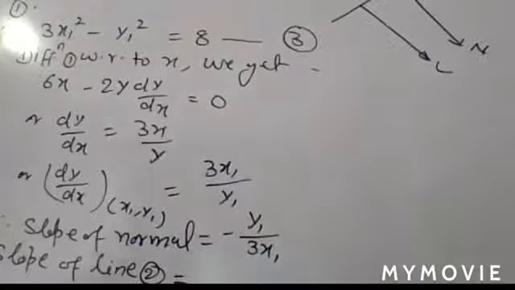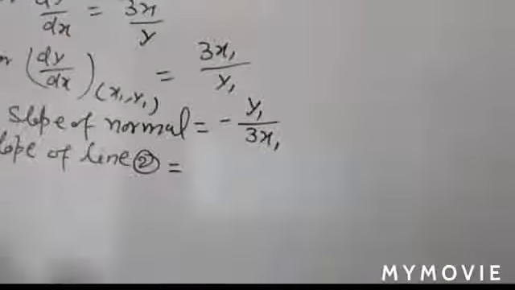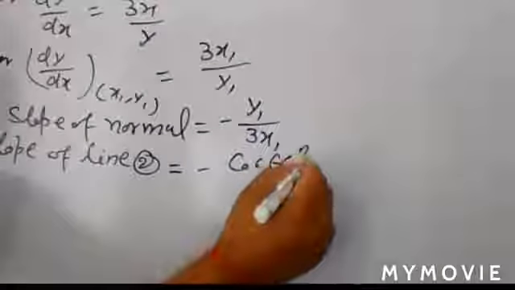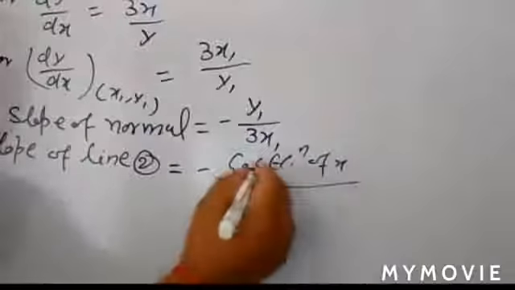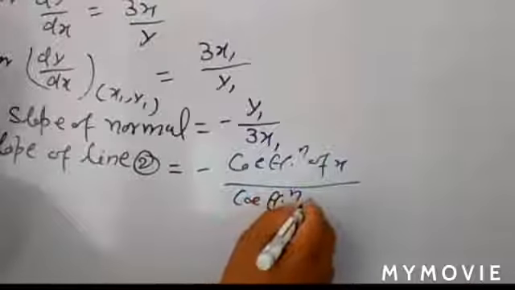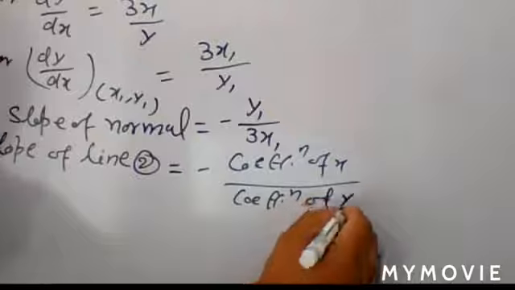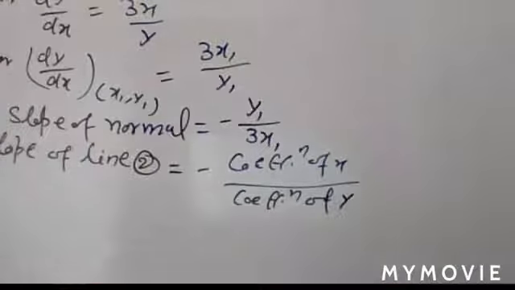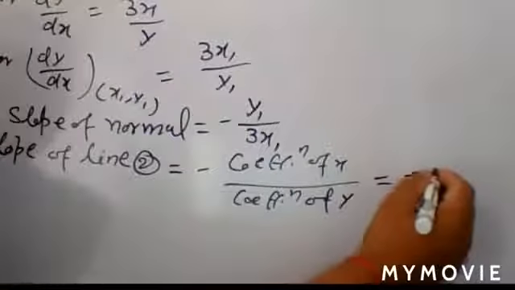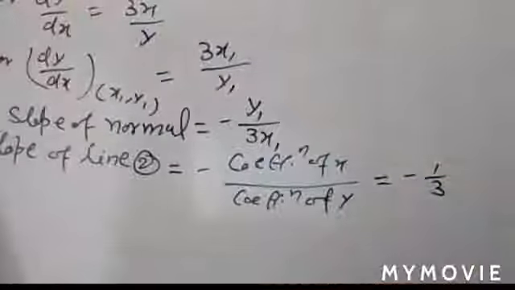You have the formula, slope of line is equal to minus coefficient of x upon coefficient of y. Putting in the values, you have minus 1 upon 3 as the slope of line.